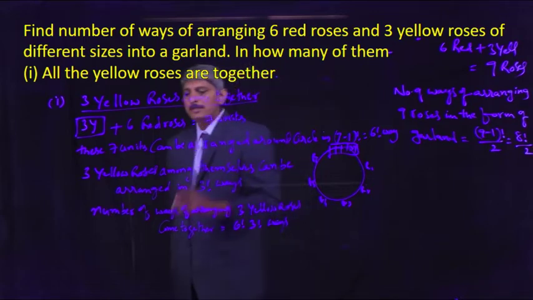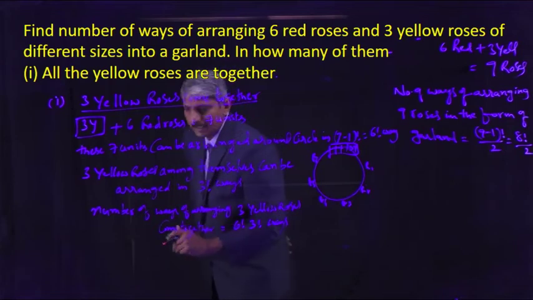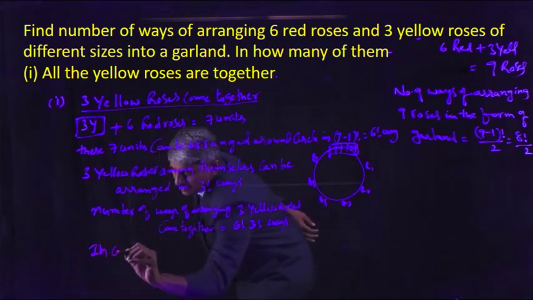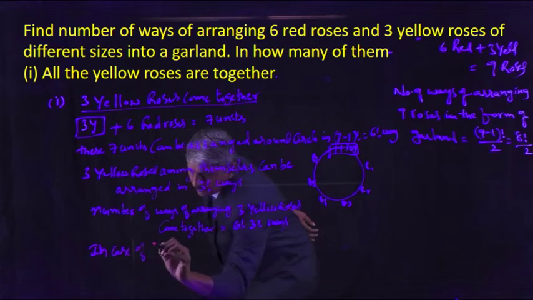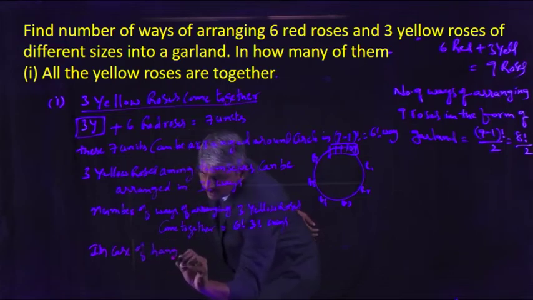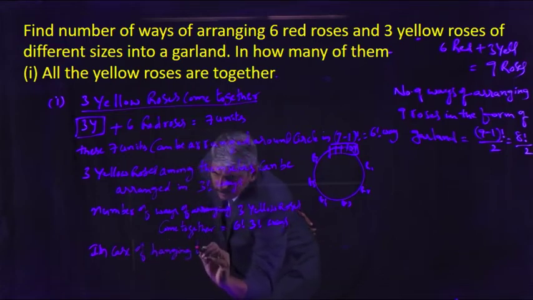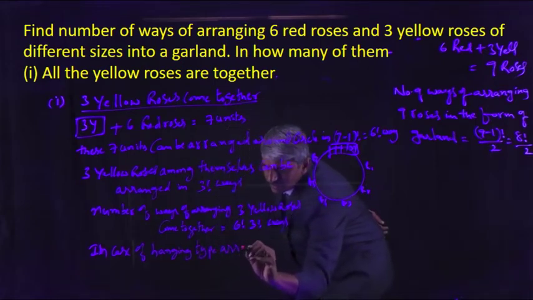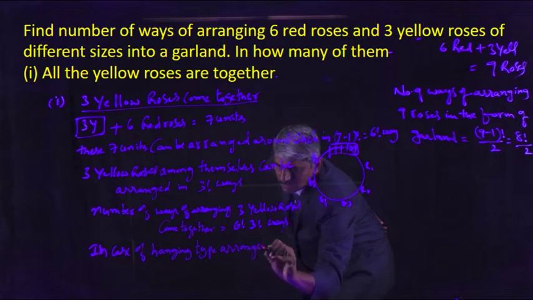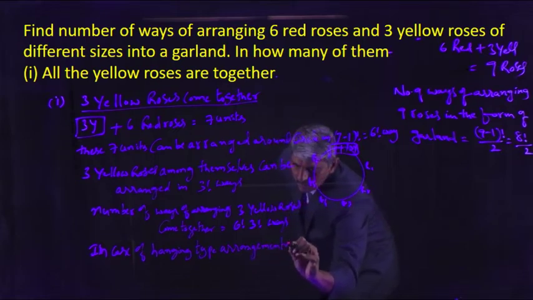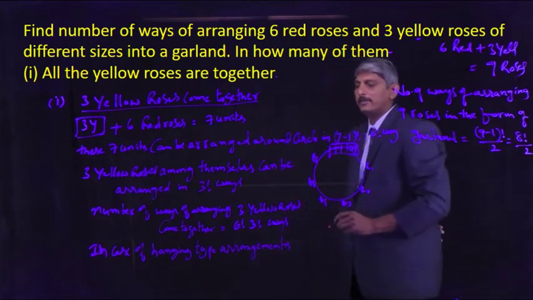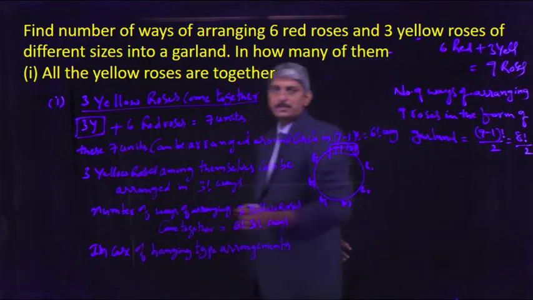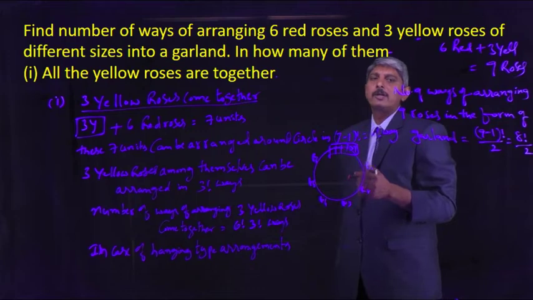Therefore, in the case of hanging type arrangements, the number of circular permutations is n minus 1 factorial divided by 2.